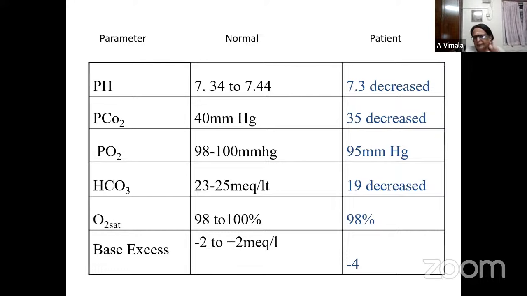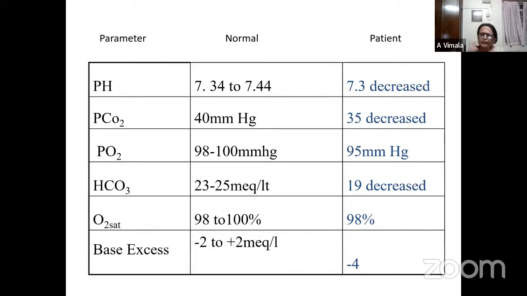We said, what is the simple formula to find out the compensation for metabolic acidosis? You said metabolic acidosis with a bicarbonate of 19. So what is the simple formula? Forgot? You add 15 to the bicarbonate value, so it becomes 34.